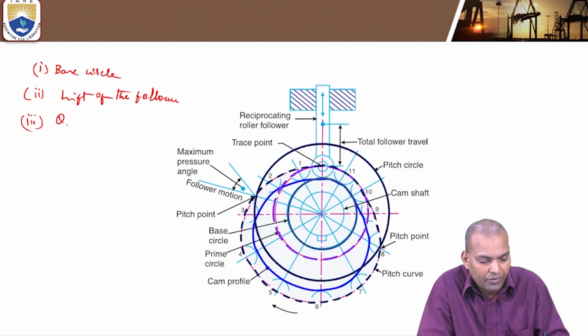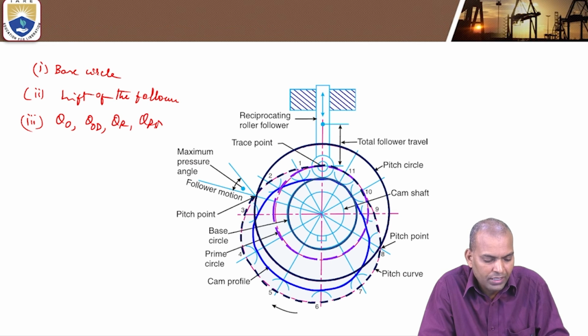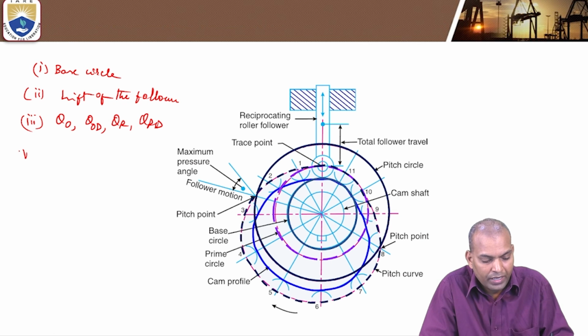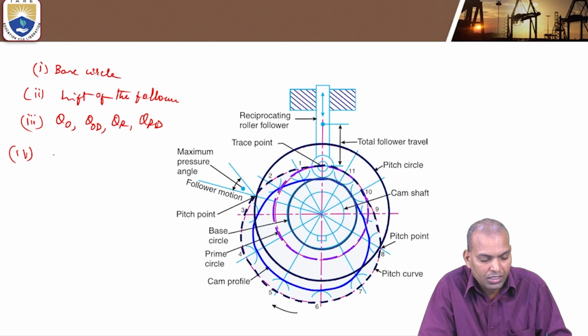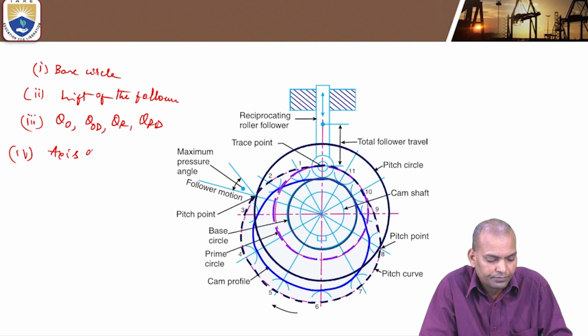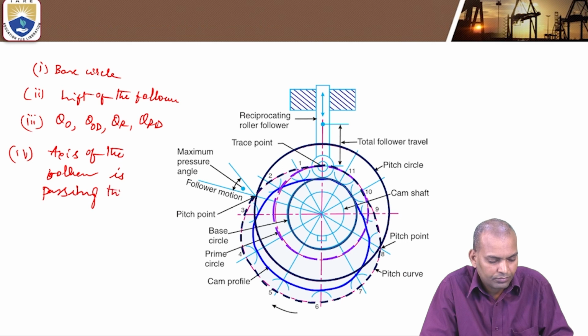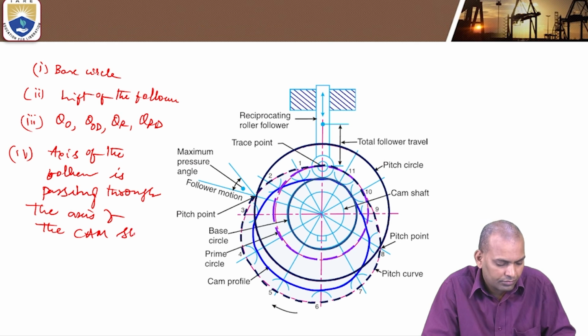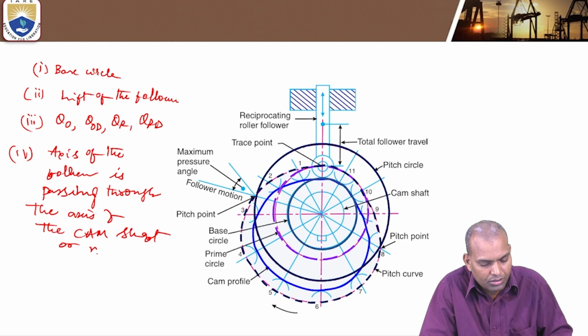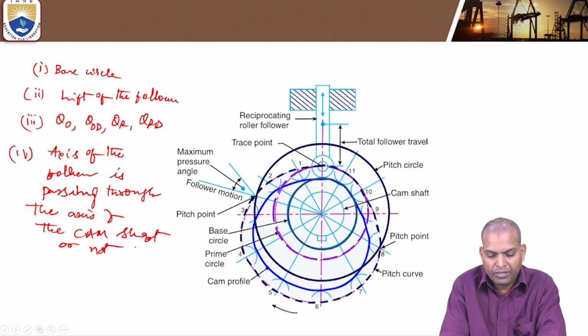Next, the theta values of outstroke, dwell, return stroke, dwell, and finally the condition: whether the axis of the follower is passing through the axis of the camshaft or not. So these are very, very important.